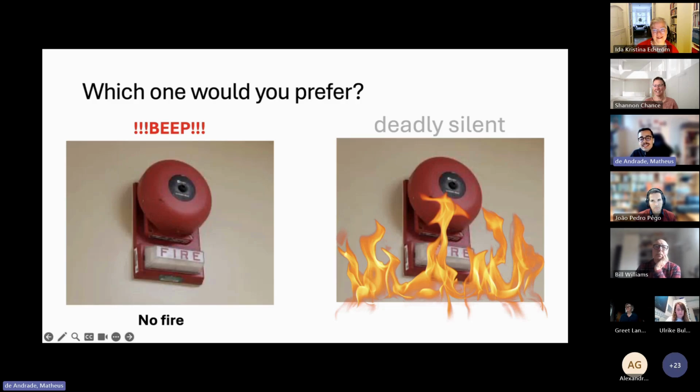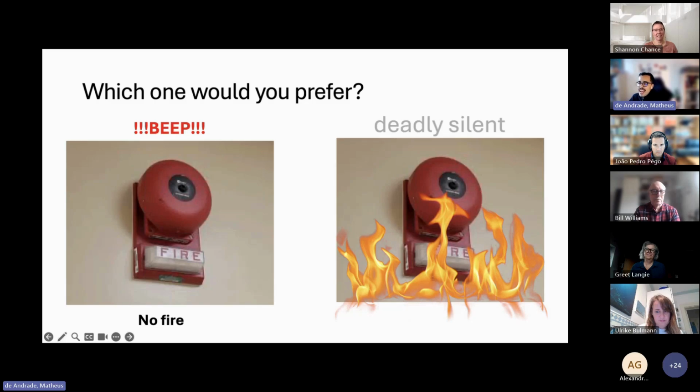And it's important that we sit and think about this example of the alarm, because later I will try to make connections on how these two malfunctioning alarms connect to the statistics that we do and to the way that we report statistics in our papers. So from the audience, does anyone have any gut feeling for the type of alarm that they would prefer?